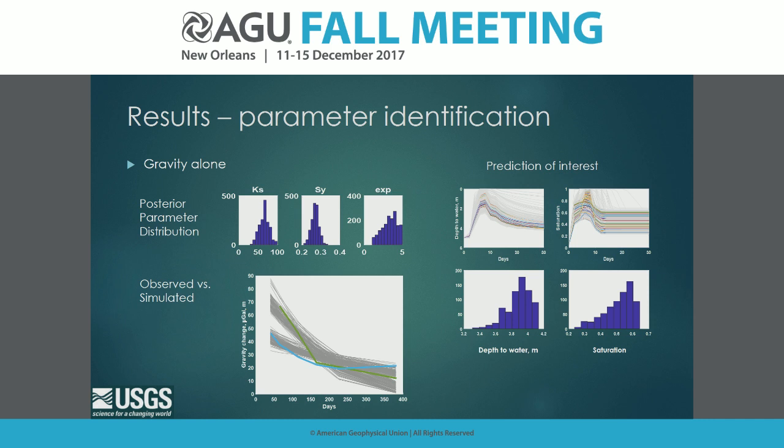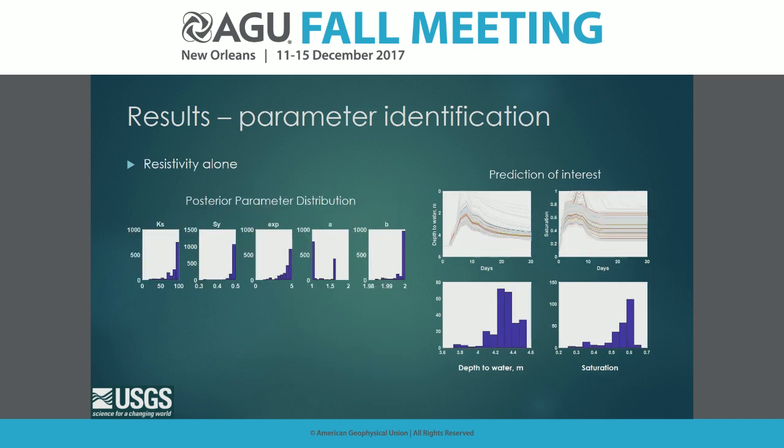The colored models here indicate accepted ones. The shaded ones indicate the range of predictions that are possible from the model. So reasonable output from this: we get a fairly well-constrained depth to water, around 3.9 meters. Less constraint on the saturation, a fairly broad range between 0.2 and 0.6 with a peak around maybe 0.58.